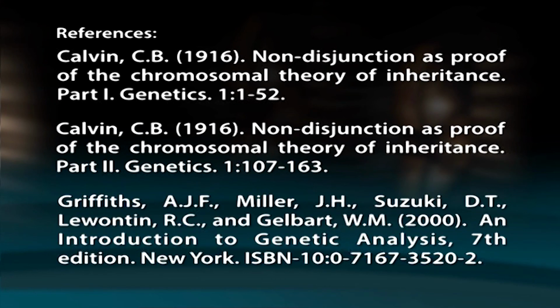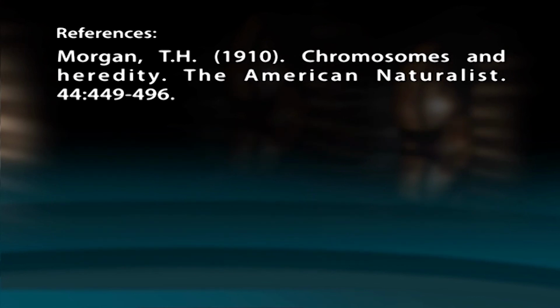A third reference is with the title An Introduction to Genetic Analysis, 7th edition, published from New York, and it is authored by Griffiths, Miller, Suzuki, Lewontin and Gelbart in the year 2000. The fourth reference is entitled Chromosomes and Heredity.